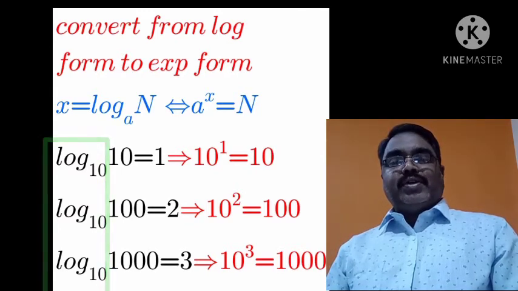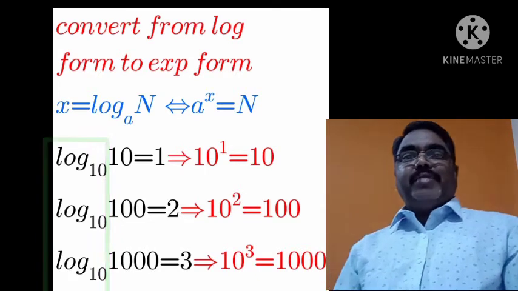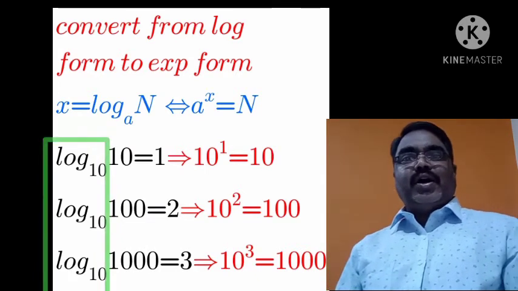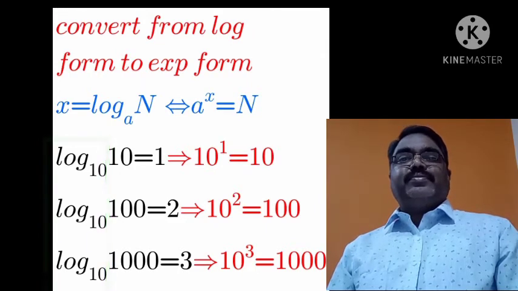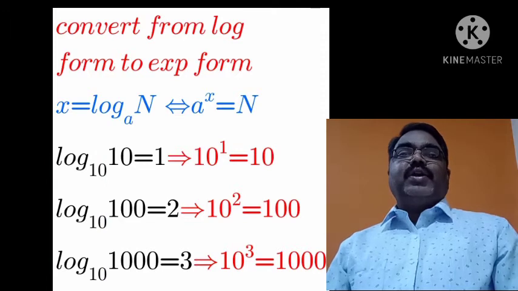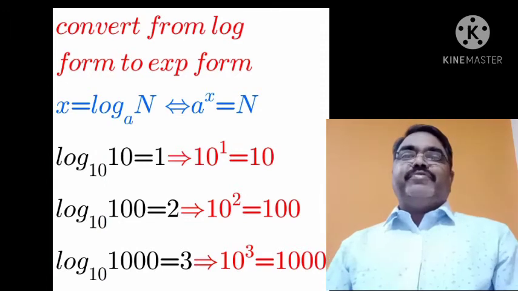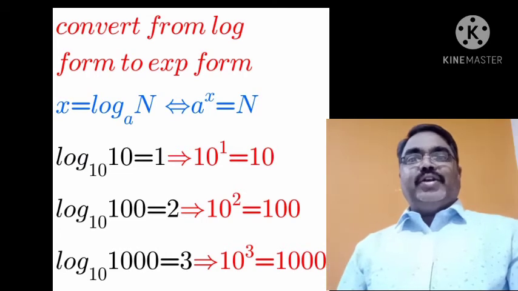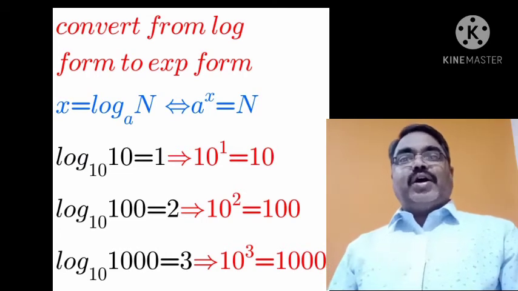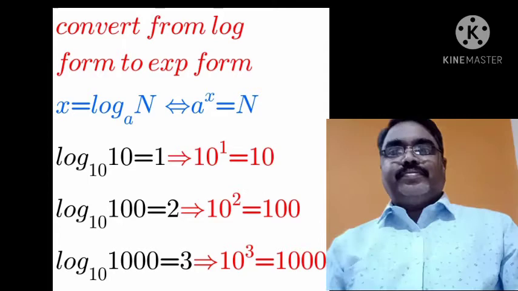That means logarithm of different numbers to the same base is different. Two points you have to notice here: logarithm of the same number to different bases is different, and logarithm of different numbers to the same base is also different.